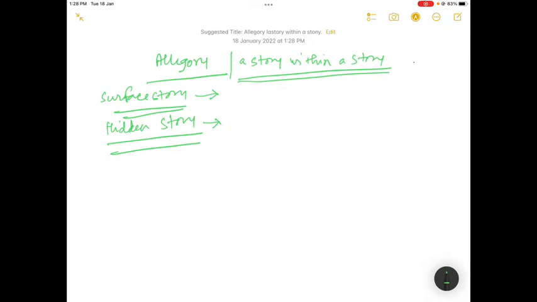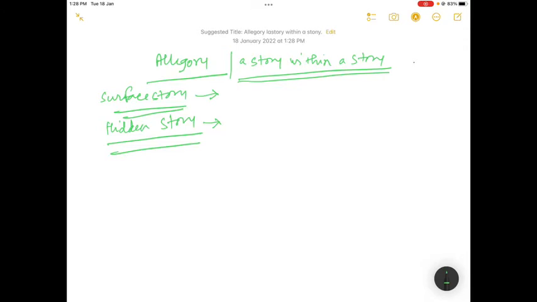If we take some general example, for instance, if two neighbors are fighting with each other, or throwing rocks at each other's homes, we generally take it, if we take it at surface level, the meaning is quite simple, that the two neighbors are fighting, they are not in good relations.